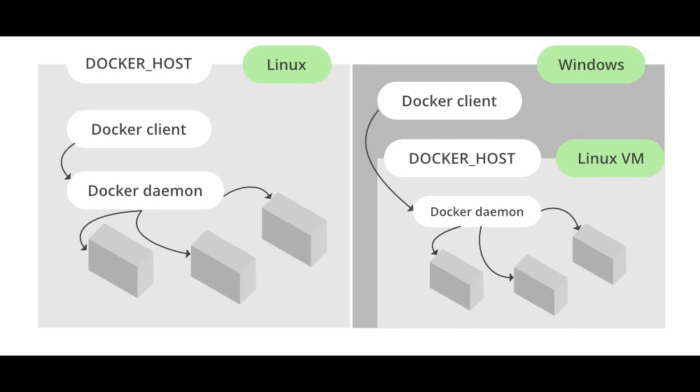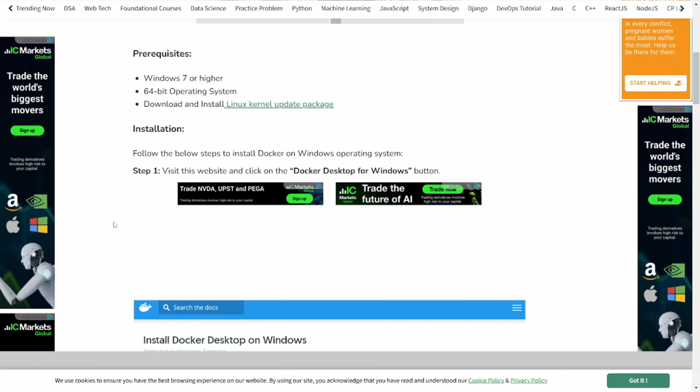But if you look at the right side, on a Windows operating system, Docker is installed inside a Linux virtual machine, and we use a Docker client to interact with Docker, right? Here we have simple steps to install Docker on Windows.